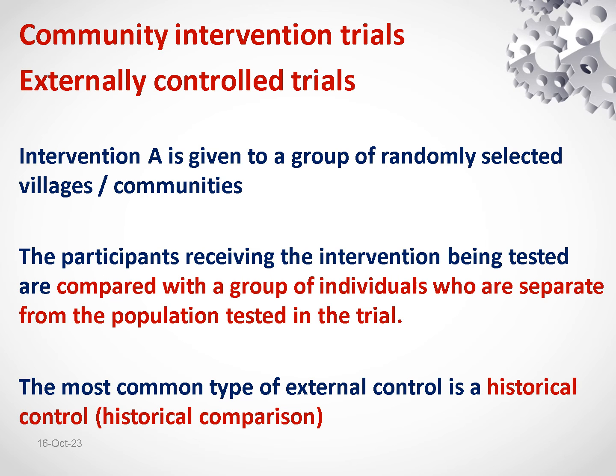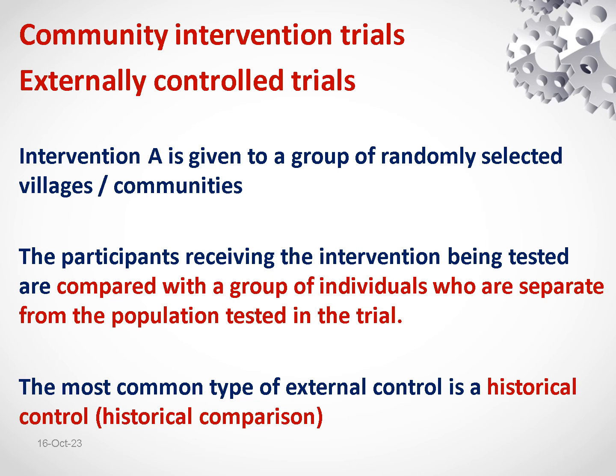Some external population is taken as the comparison group. Most common type of external control is a historical control.